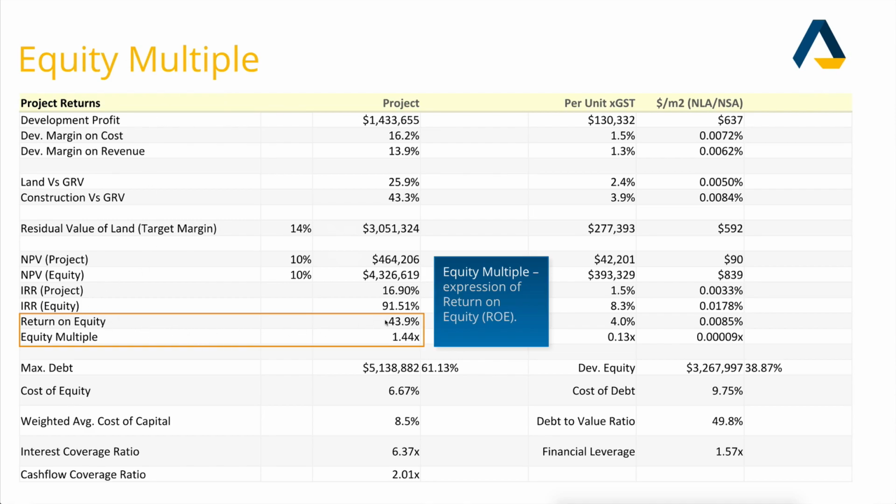Your return on equity, as we discussed earlier, is basically the money that you actually made. The equity multiple is another way of expressing the same thing, which tells me that if you were to put in $100, you can multiply that by 1.44, and that's the money you'll make on your money. So the equity multiple is an expression of return on equity.